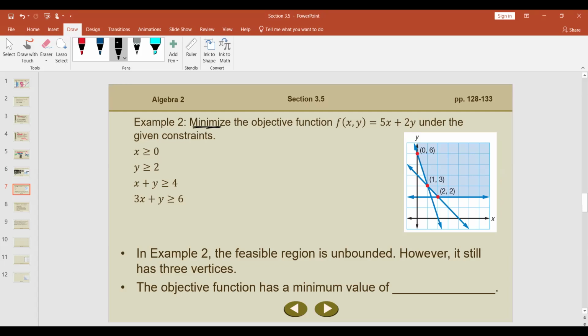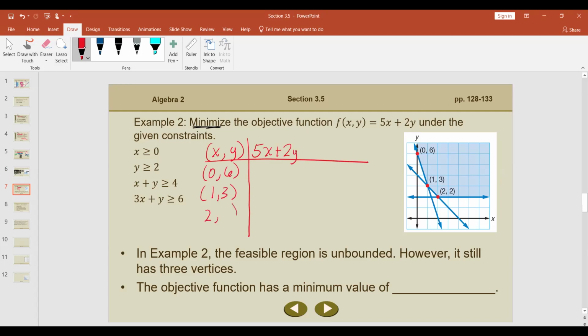Excuse me, minimizing here. So let's go ahead and put those in. I have my ordered pairs, x and y, and I have my function 5x plus 2y. All right, so my first ordered pair of (0, 6), and then (1, 3), and then (2, 2).